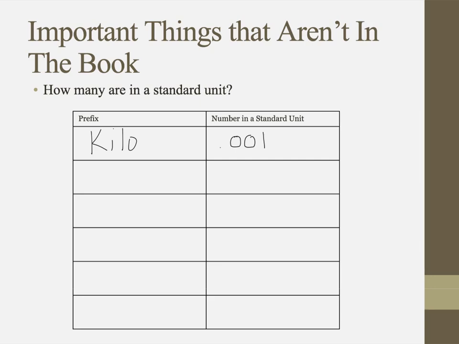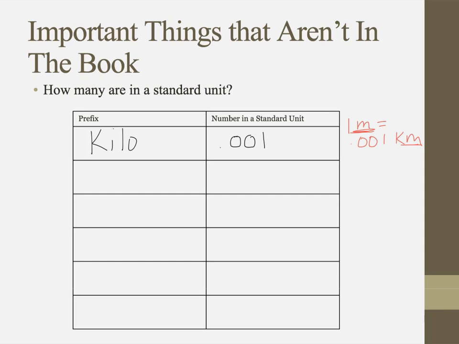Well, that means if I'm talking about a meter, 1 meter is equal to 0.001 kilometers. Well, what does that mean? Okay, well that means that kilometers are 1,000 times bigger than meters. Okay, more on that in a moment.